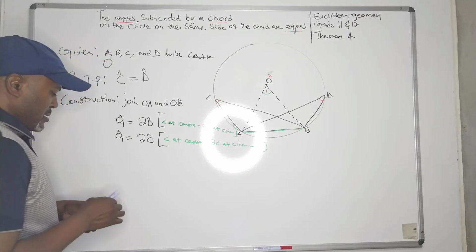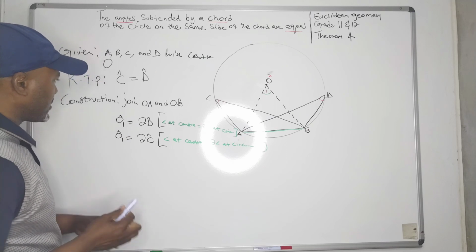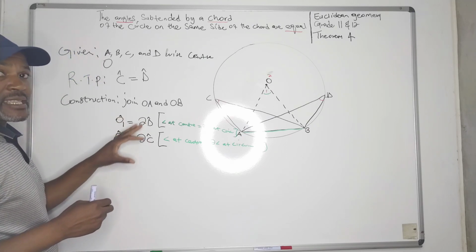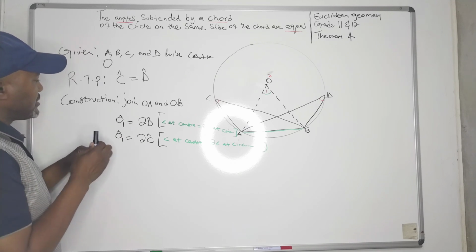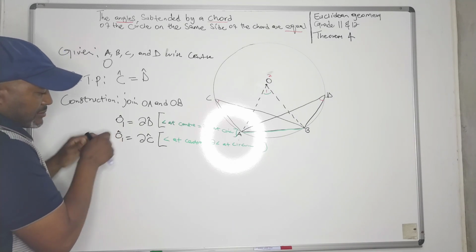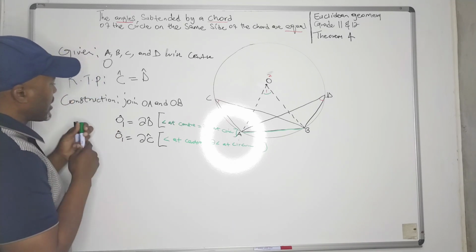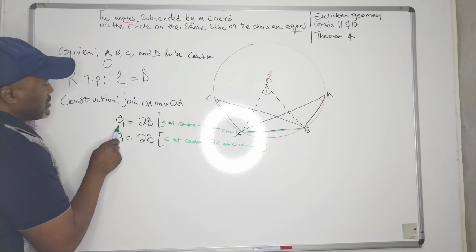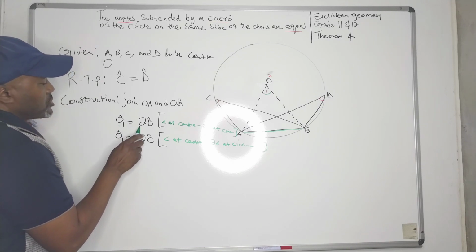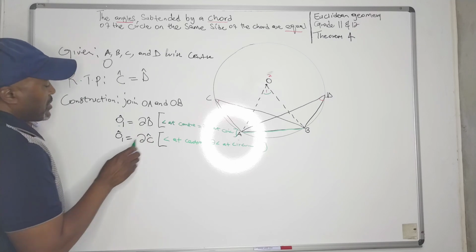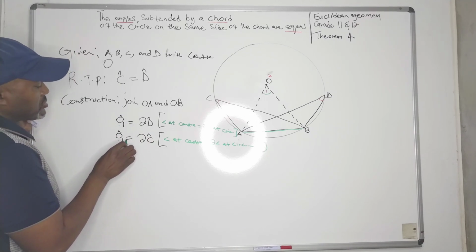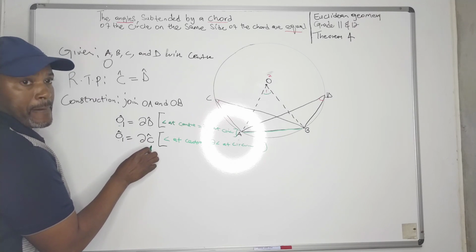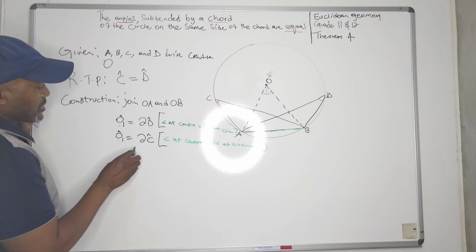So listen very carefully. Let's play around with our statements here. You can see that O1 is equal to 2D. Again, the very same O1 is equal to 2C. Can you see that?